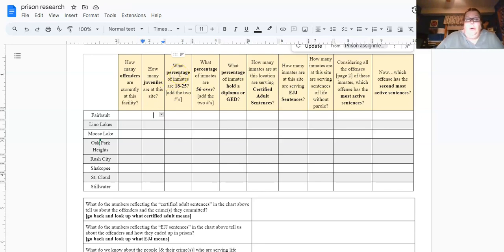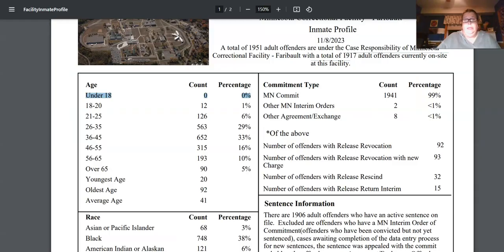The next category is what percentage. This is key. Don't give me a number. I want a percentage. What percentage of inmates are 18 to 25? Okay, I'm going to go back to this page. I've got a category for 18 to 20, and I have one for 20 to 25. So I'm going to go in and I'm going to add these 2 numbers.